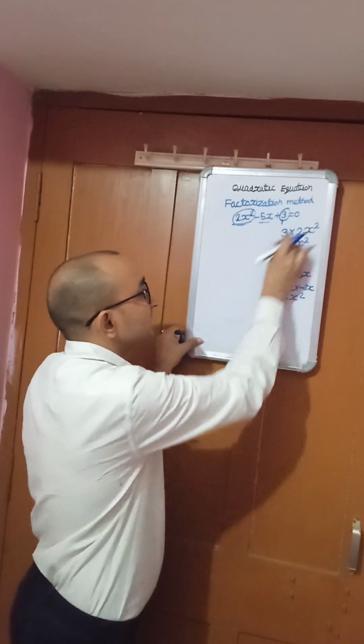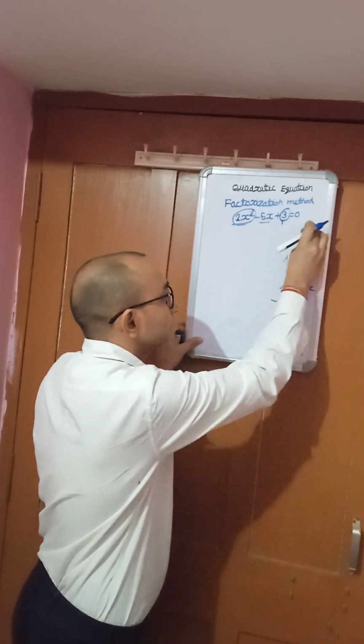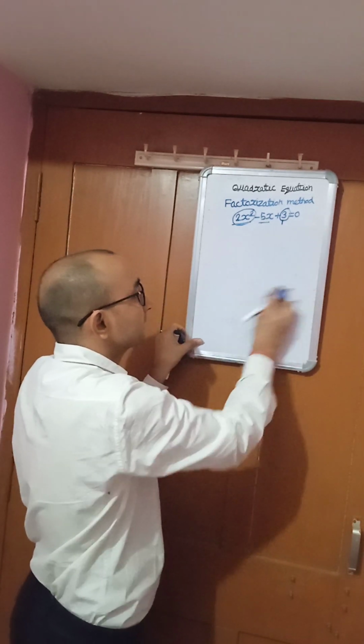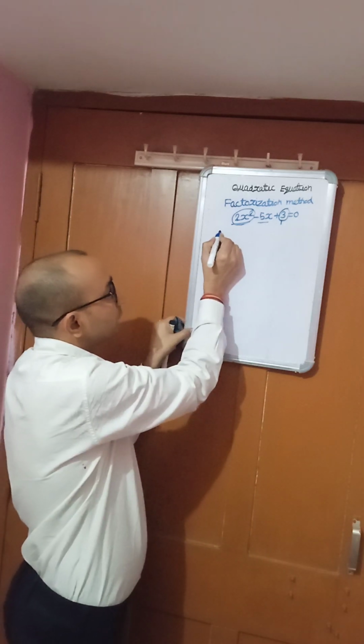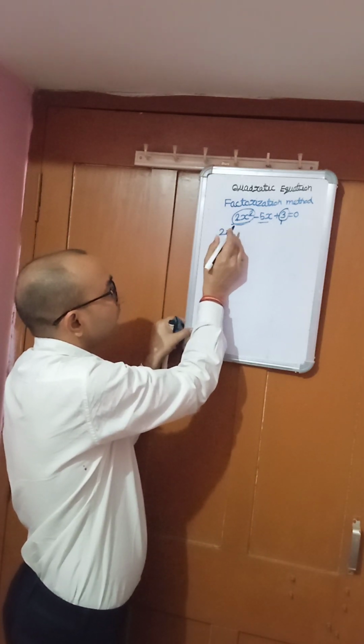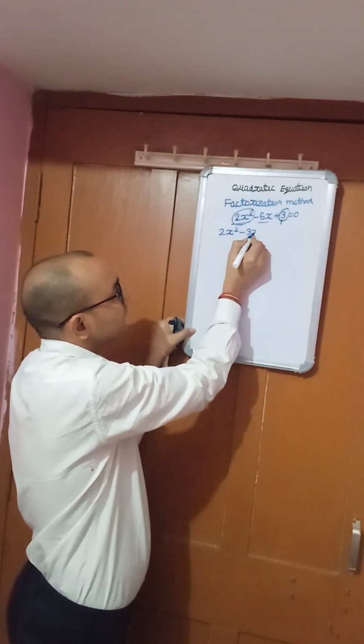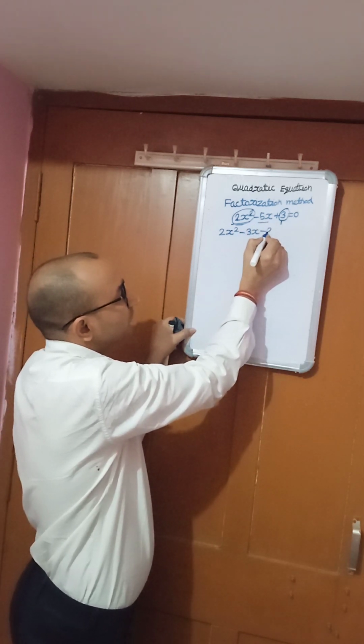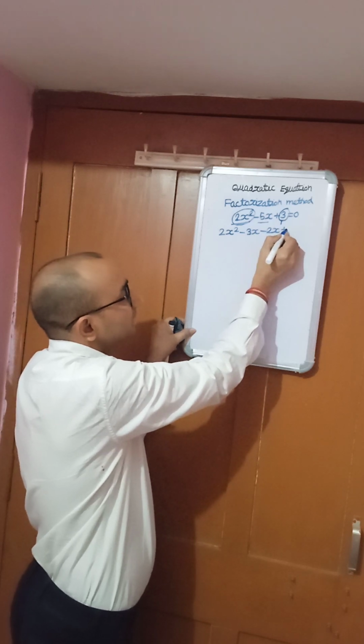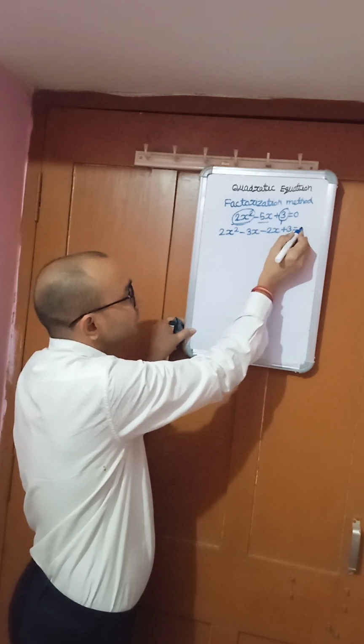Minus 2x minus 3x, so in place of minus 5x we can write minus 3x minus 2x plus 3 equals to 0.